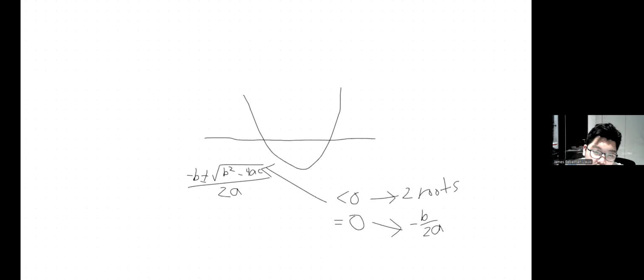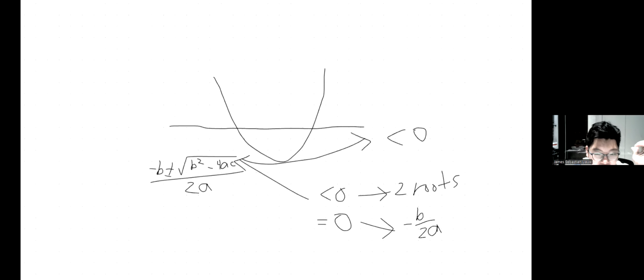And then if it's less than 0, there's no square root of something that's less than 0. Some might say there's a definition for that, but again, that is not needed to be known for this level.